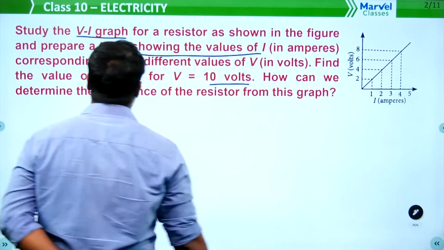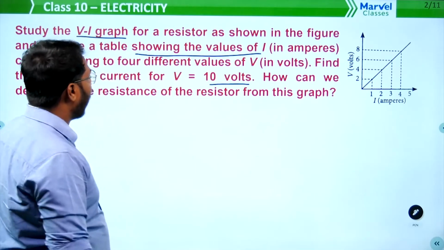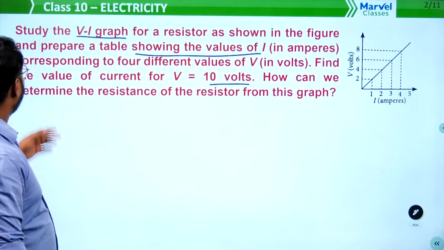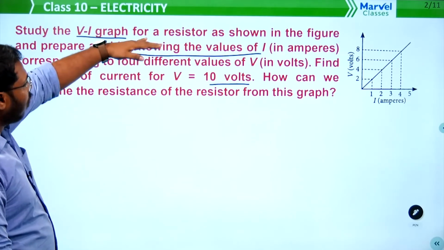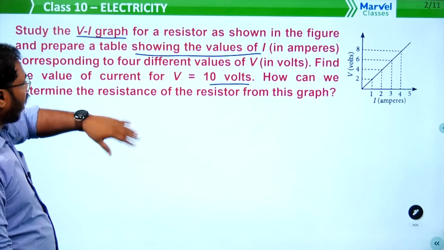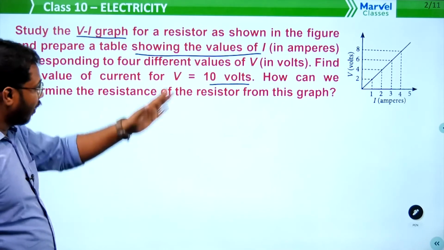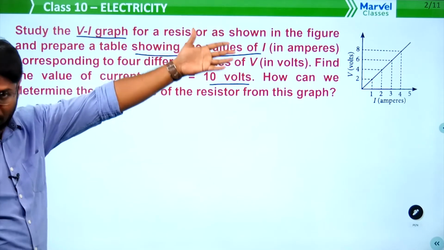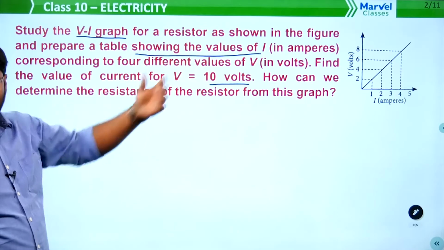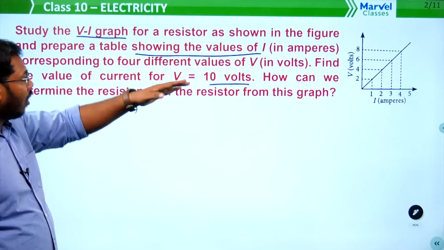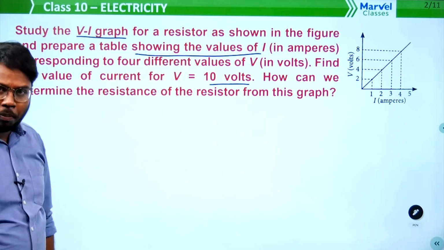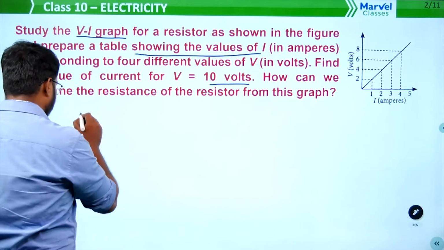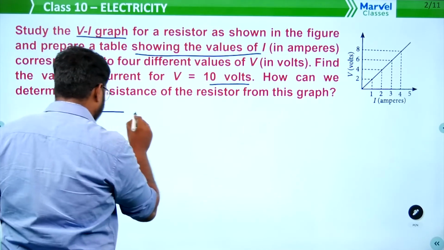Now we have to form a tabular column to show the value of I. It's actually straightforward because this is a linear, straight line curve. They are asking you to write the current for all the given voltages. So I am going to prepare a small tabular column.